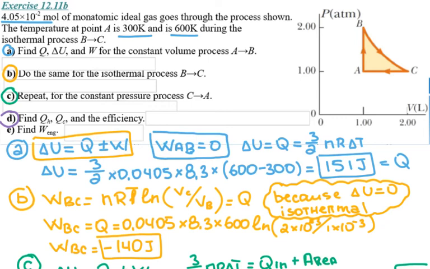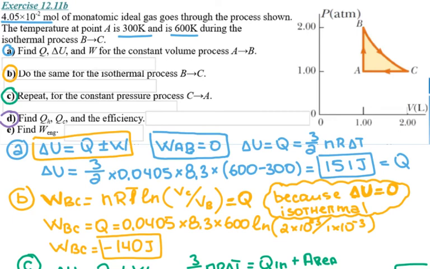For the next one, I had to find the work for the isothermal process. Because the temperature doesn't change, the internal energy of the gas does not change, so that one is equal to 0. So in this case my work on BC is actually equal to the heat added into the system.